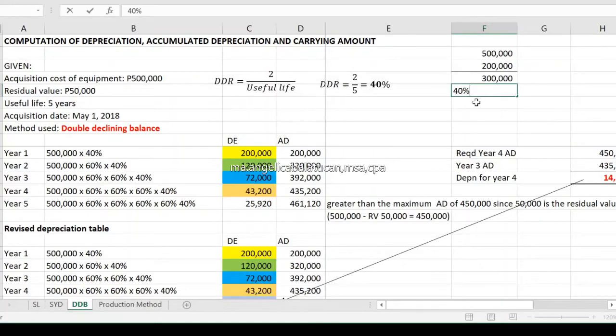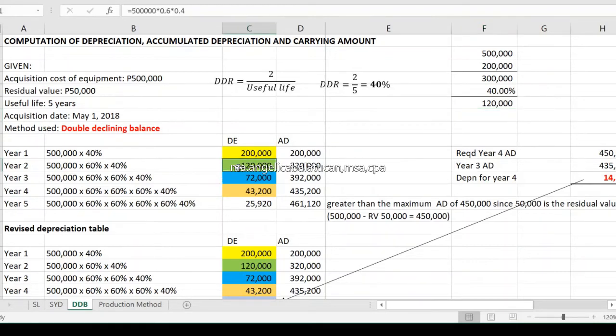So 300,000 times 40% would be 120,000. Okay, 120,000. So that's how you will get this one.